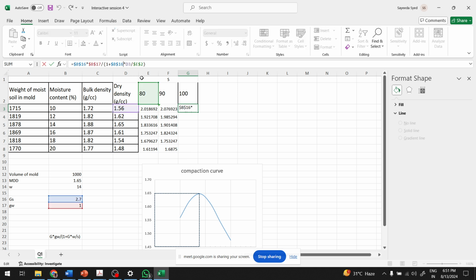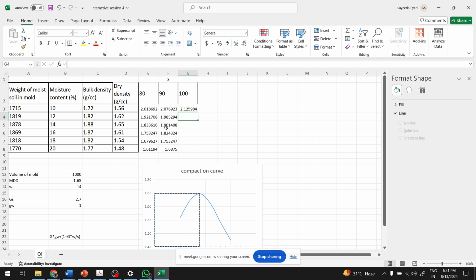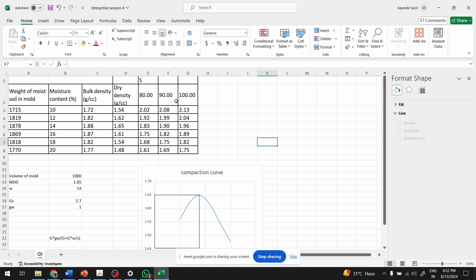And for this, I need to change this and this. Okay, so these are the values of gamma D at S equal to 80, 90 and 100%.